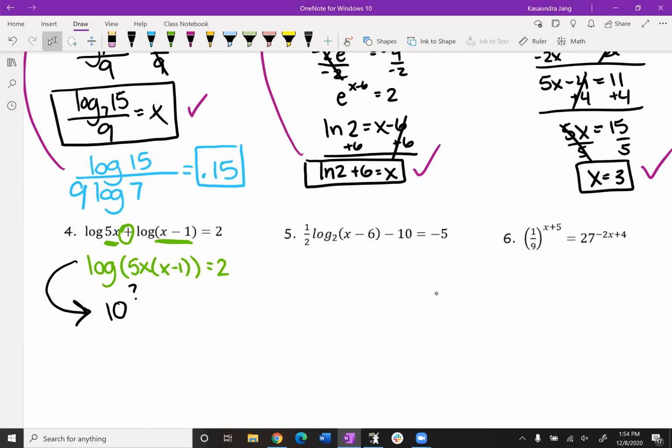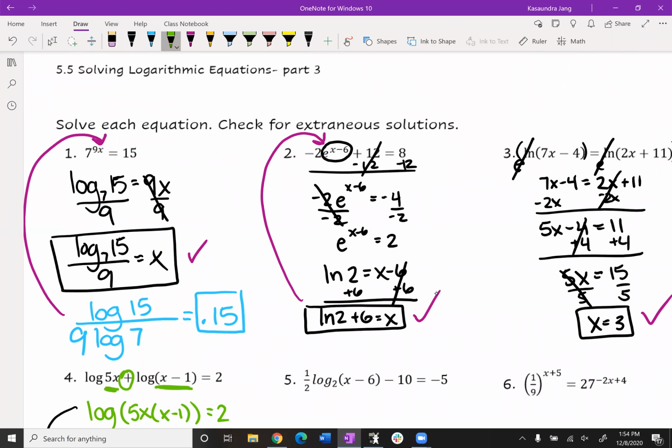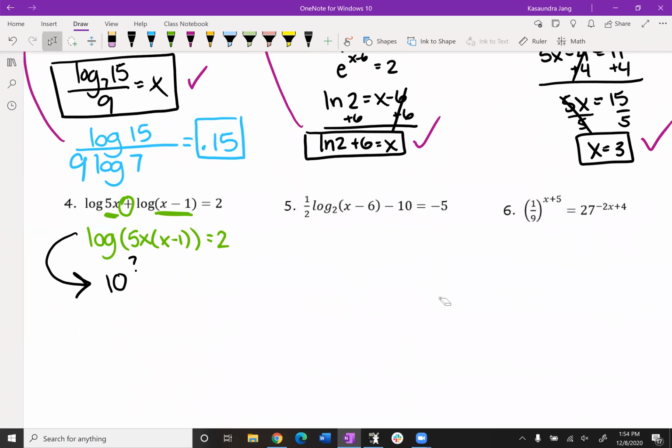So not a 5 necessarily. So let's look up here. My exponent up here, the 9x, that actually was on the other side of the equation for my logarithm. The whole point of a logarithm is to solve for the exponent, right? So keeping that in mind, what should my exponent be on this one?